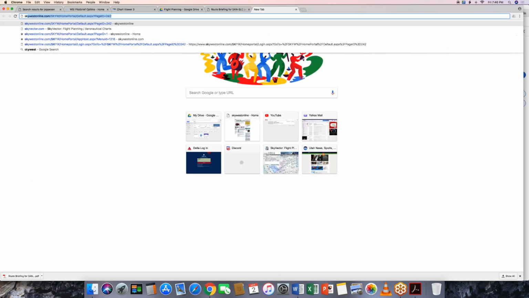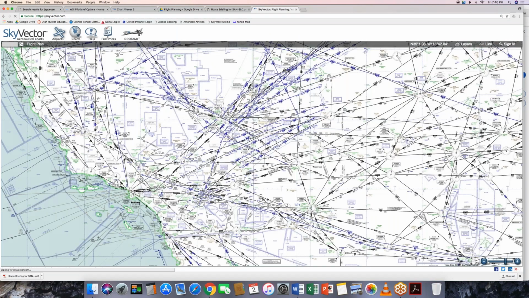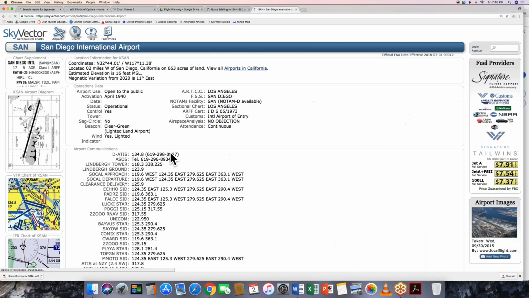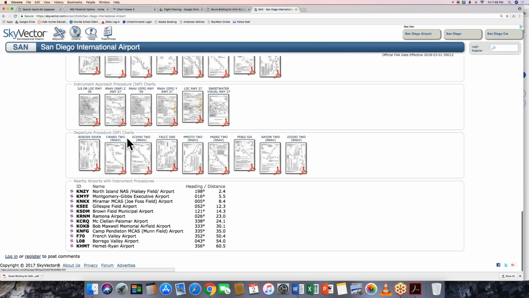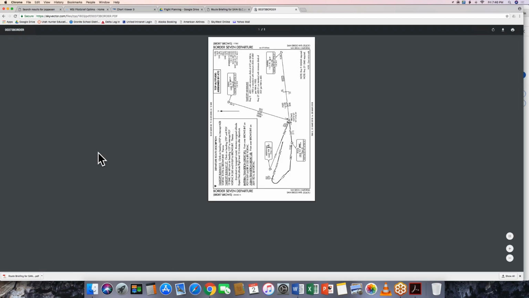I got to get back into some old habits here. I apologize. So yeah, the RNAV will say RNAV. They'll state RNAV. The other ones we just know are ground-based nav aids because RNAV is GPS. The others are just using ground-based nav aids.